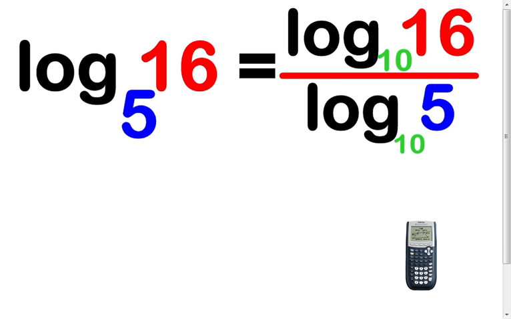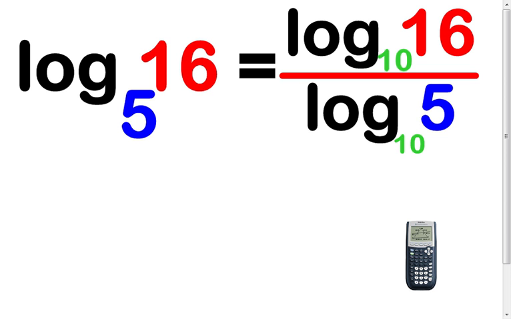All right. On to the next one. It's in logarithmic form right now. This kind of gives you an idea of how to do a change of base formula. So if I want to do a change of base, then I can change log base 5 of 16 to log base 10 of 16 divided by log base 10 of 5.